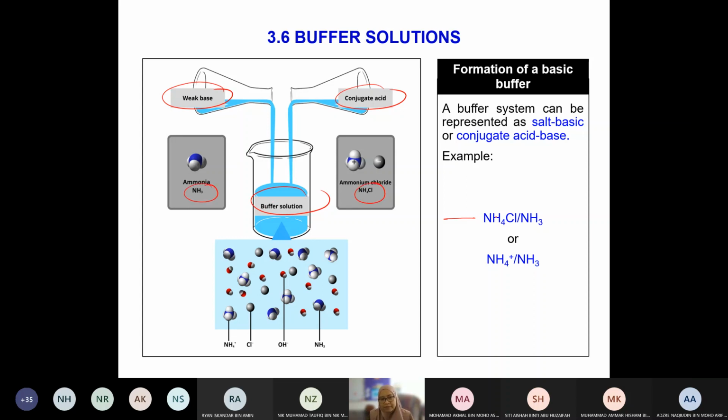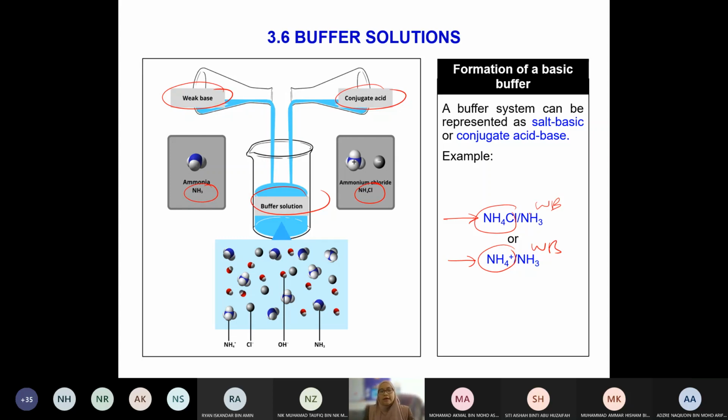You can name the basic buffer as the salt and the weak base, or the conjugate acid and the weak base. The weak base must be there. We just name the salt in the form of the conjugate, or we can also name it as salt.